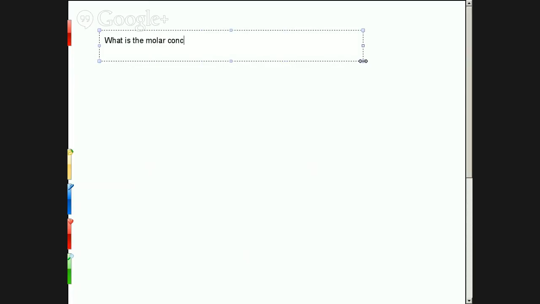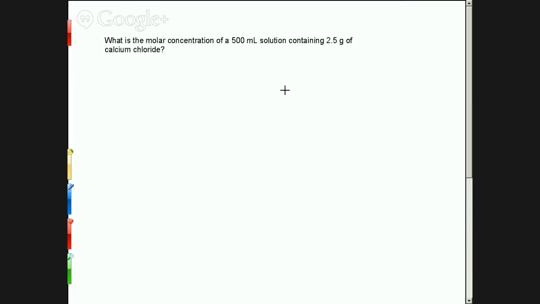What is the molar concentration of a 500 milliliter solution containing 2.5 grams of calcium chloride?